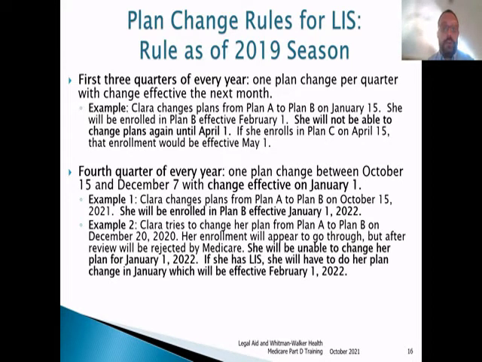So people can only change their plan once from January 1st through March 31st. So if they change it in February, it's effective March 1st. If they change it in March, it's effective on April 1st, but they can only do it one time in those first 3 quarters. Then in the 4th quarter, they are limited to changing their plan in the open season, and that change becomes effective on January 1st of the following year.